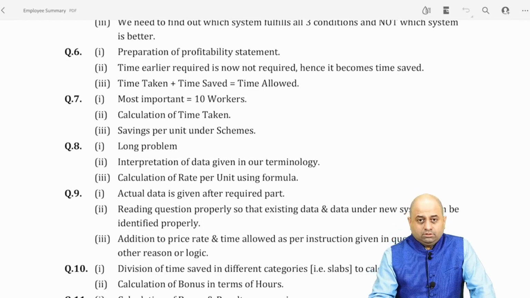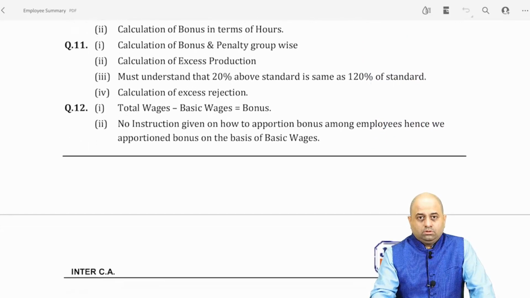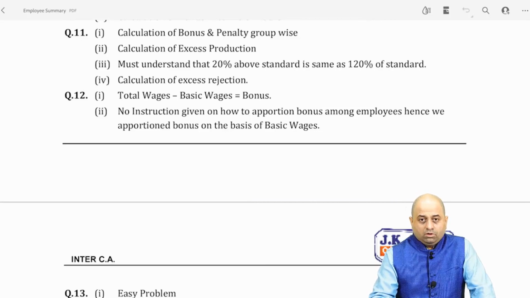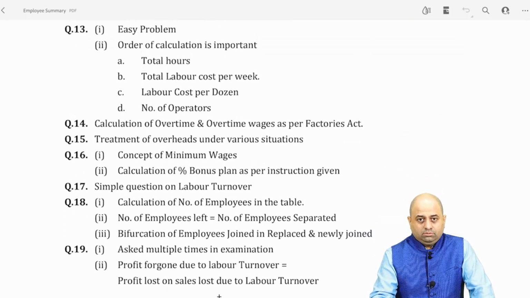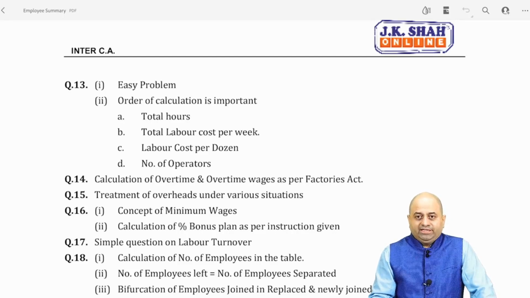Move further. 11 and 12 are now in front of you. Going to the next part, 13 to 18. You can always pause the video and keep on reading this.